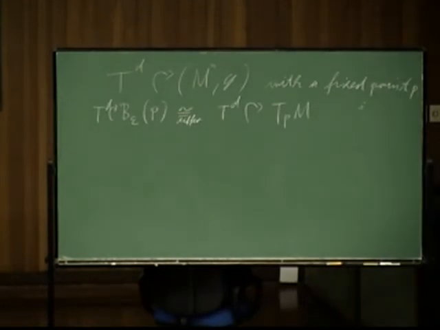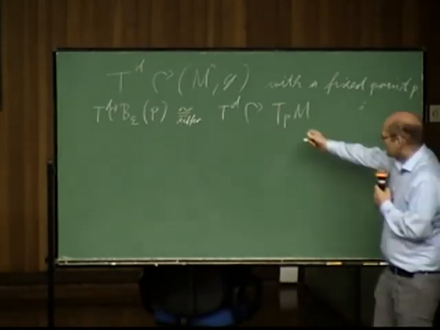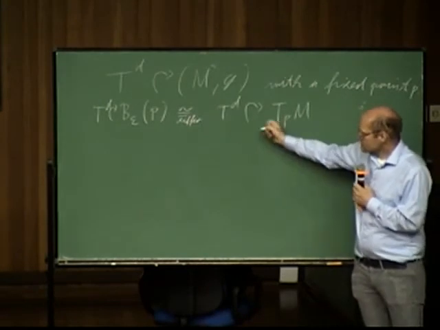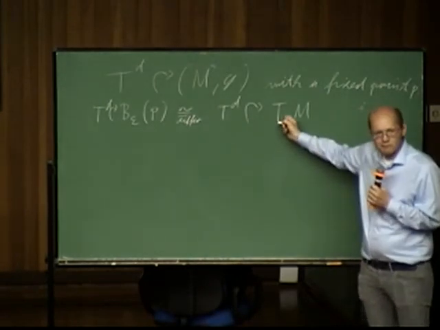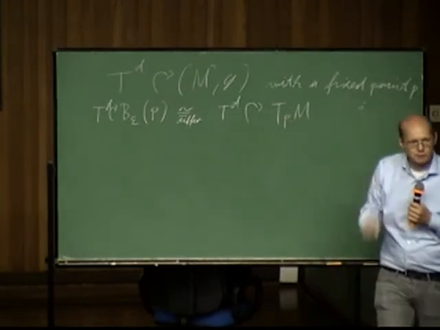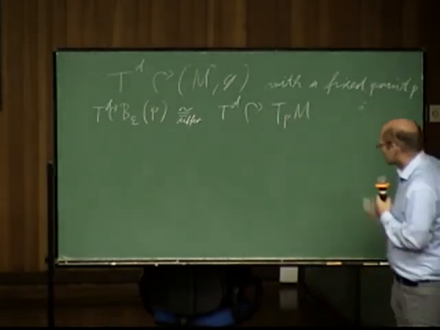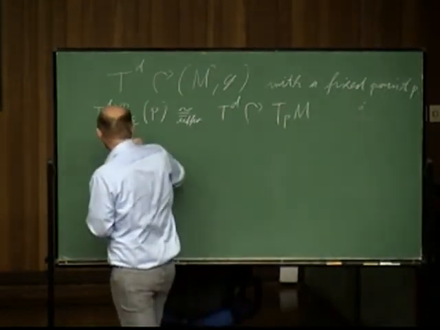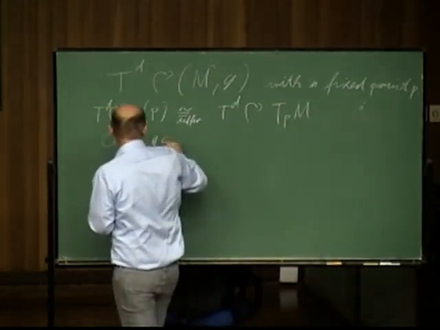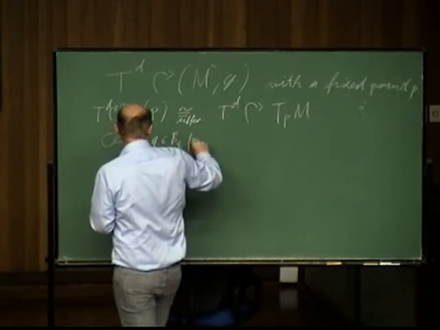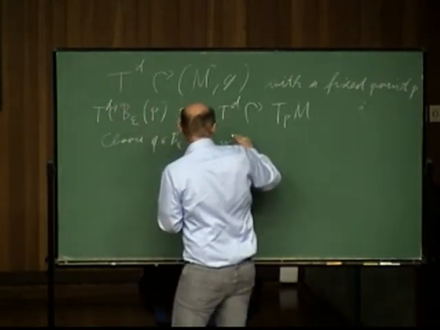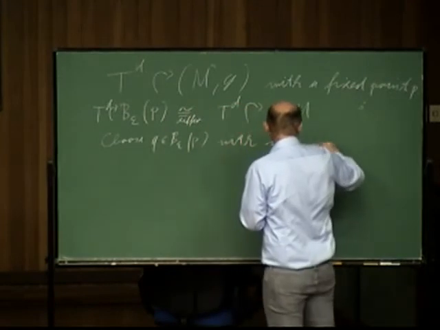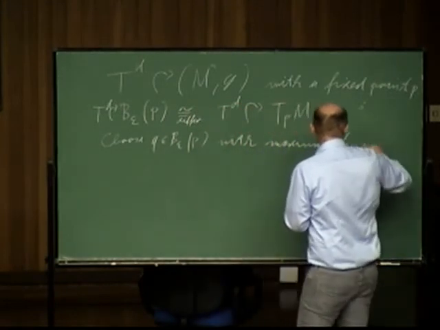In general, this representation will have points with finite isotropy groups. So you can choose a vector Q in the epsilon ball with maximal finite isotropy group.